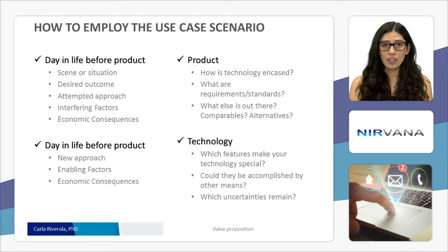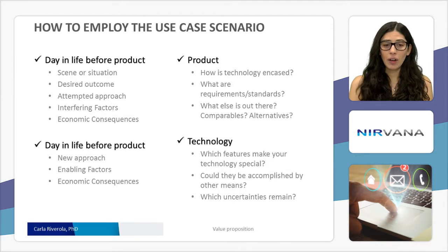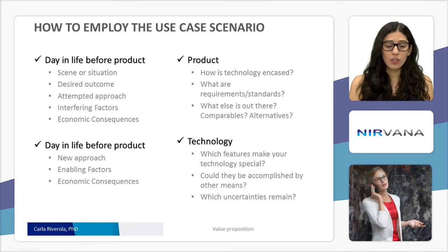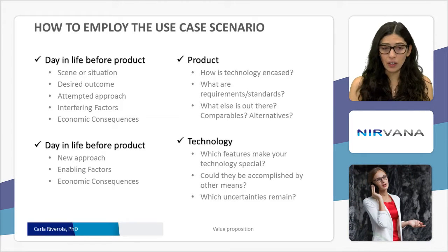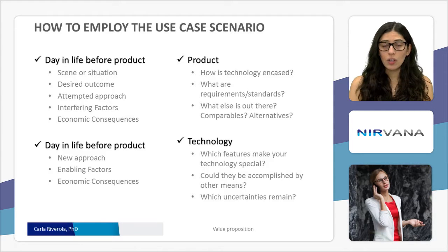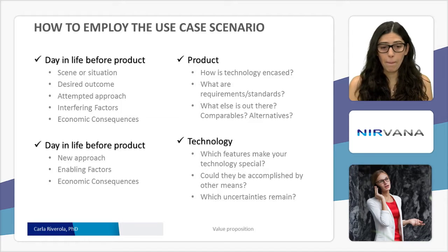But how do you employ this use cases scenario? This use cases scenario has four main stages or four main blocks. The first thing you need to do is identify a day in life before your product: your scene or situation, your desired outcome, the attempted approach, the interfering factors, and the economic consequences of those that would use your product but haven't got your product available yet.